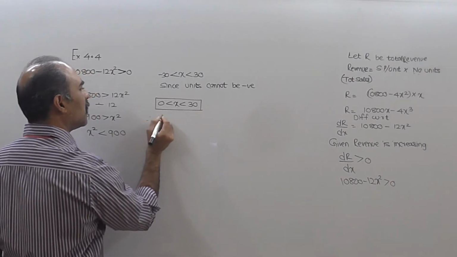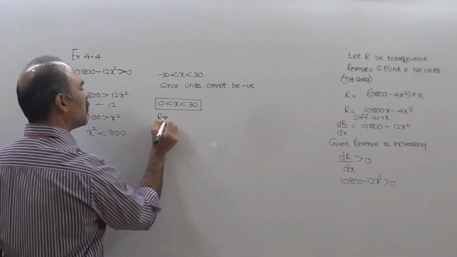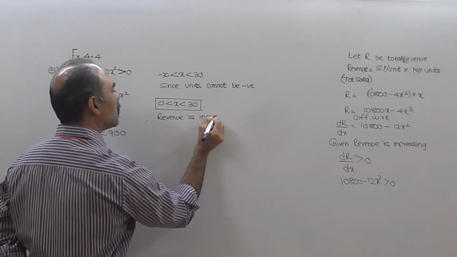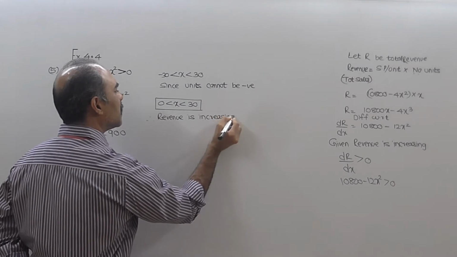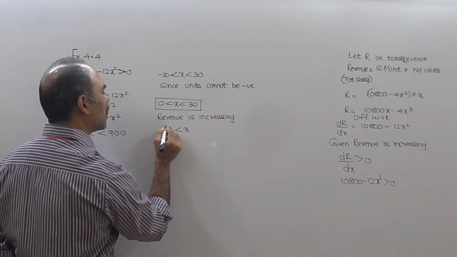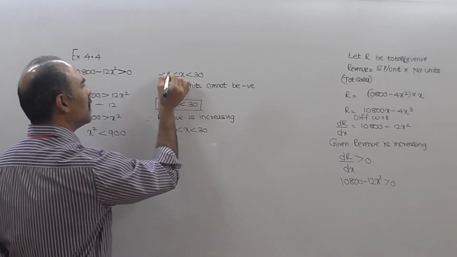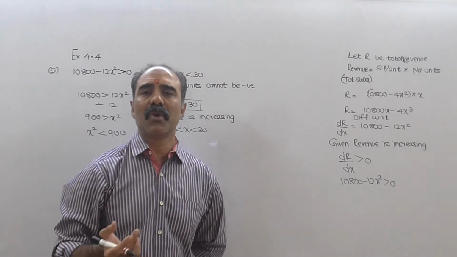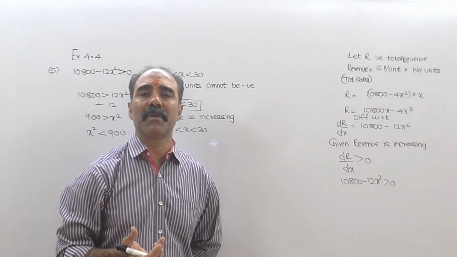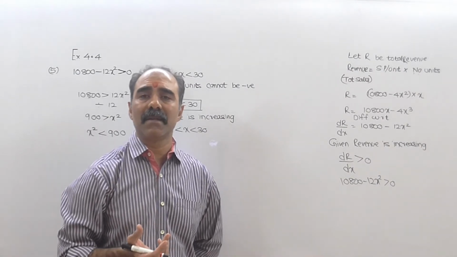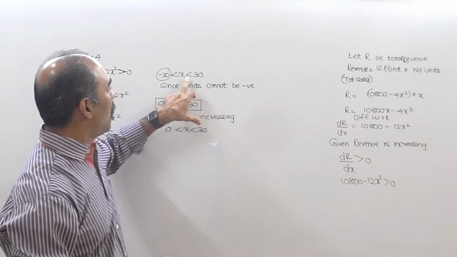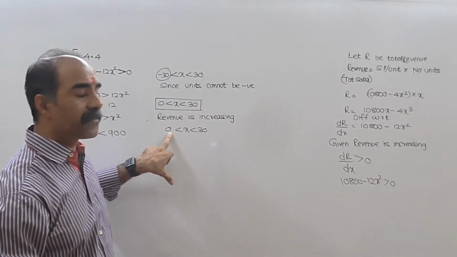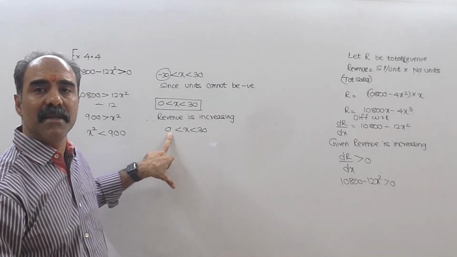Therefore the revenue is increasing when x is greater than 0 and less than 30. See, you cannot have negative 30 because units cannot be negative. So that's why we have to write here x is greater than 0, less than 30.